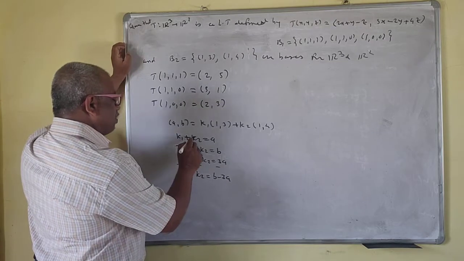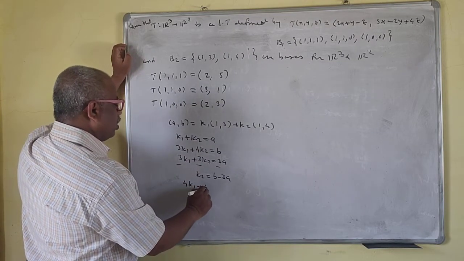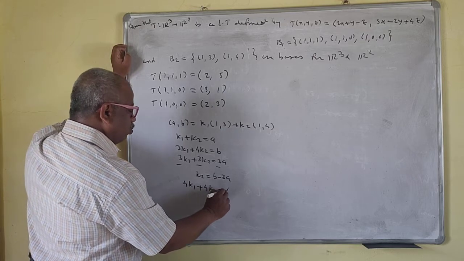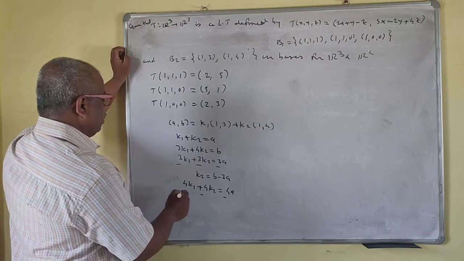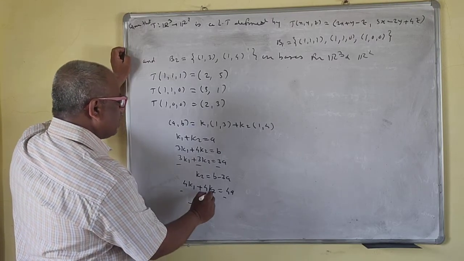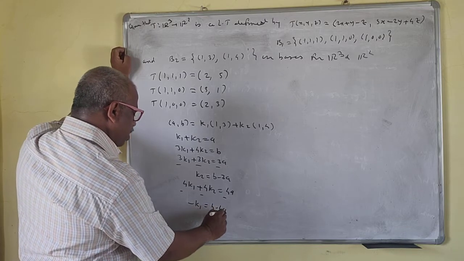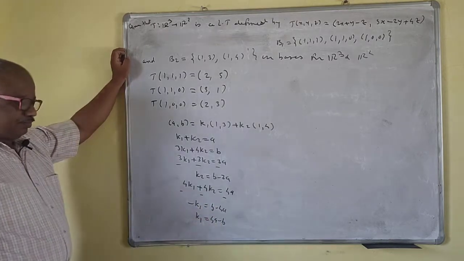Now I will multiply by 4: 4K1 plus 4K2 is equal to 4a. Again I subtract, and we get minus K1 is equal to b minus 4a. So K1 is equal to 4a minus b.